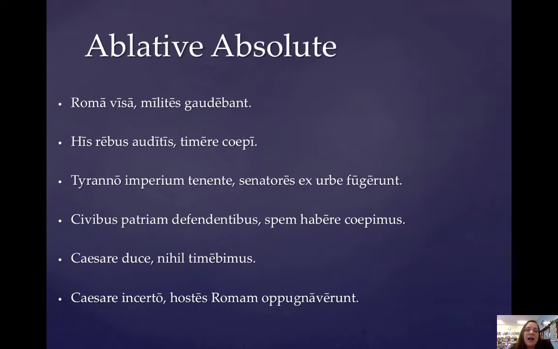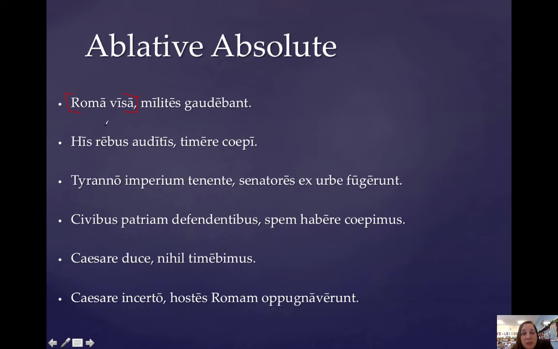So, Roma visa, okay, right here. Let me go ahead and get my pen. Roma visa is our ablative absolute. We have our perfect passive participle here in the ablative, and then we have the noun.